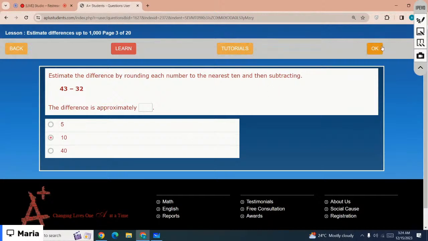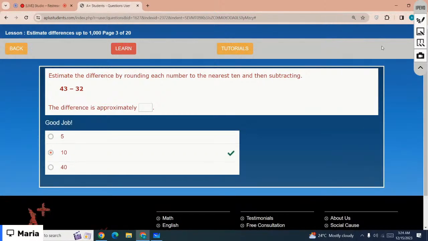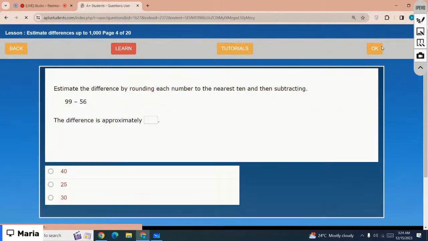Option number 2 is the correct option. Very good. Okay, the next one is 99 minus 56.